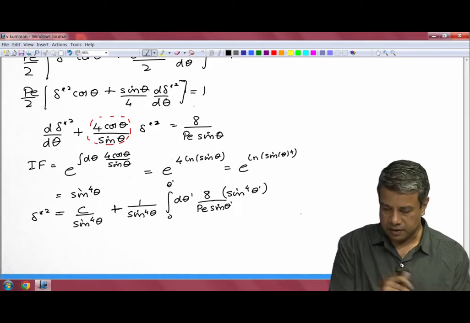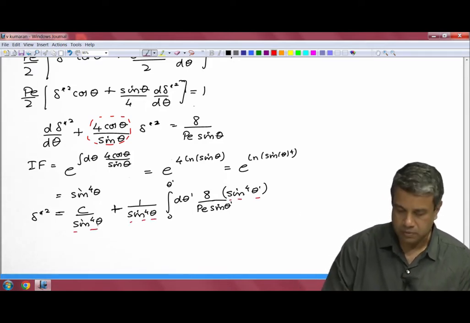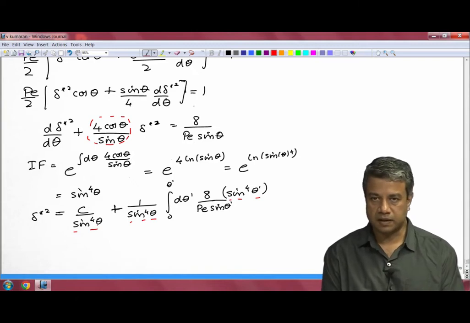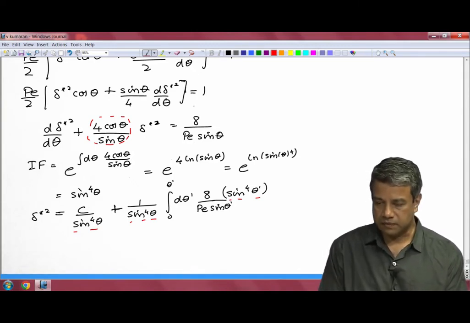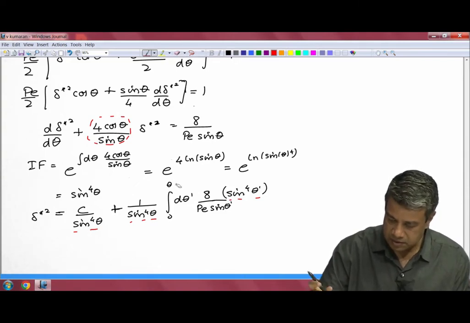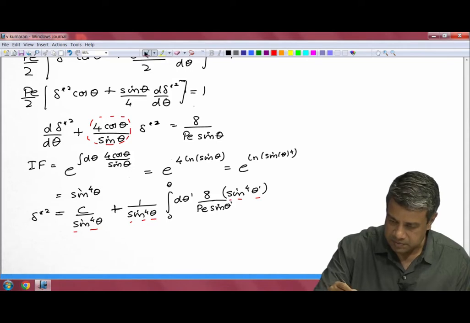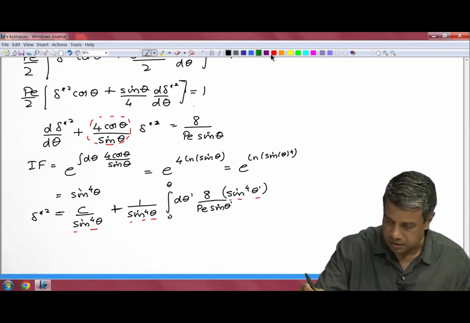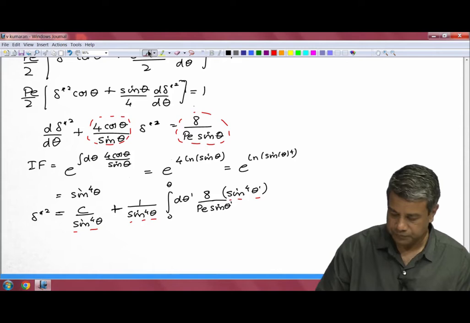Substituting the integrating factor here, here and here: constant by IF, the integrating factor, plus 1 over the integrating factor, integral 0 to theta of d theta prime times the inhomogeneous term, times the integrating factor.